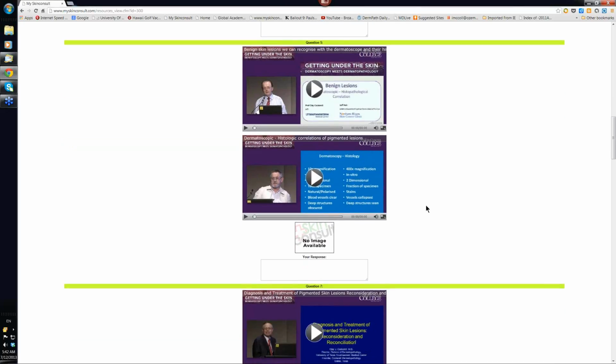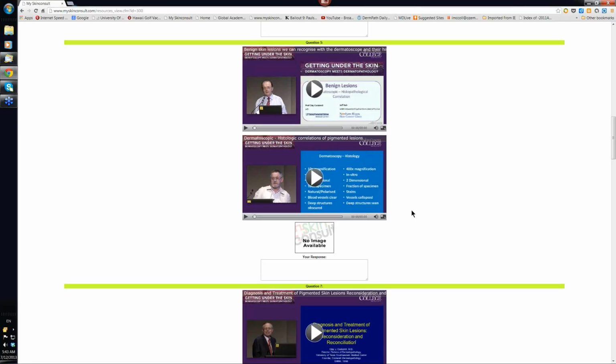We ended up day one with Cliff Rosendahl looking at the dermatoscopic histologic correlation of pigmented lesions. Again, to be able to look at a dermatoscopic image and work out from that what the histology is going to look like is very useful.